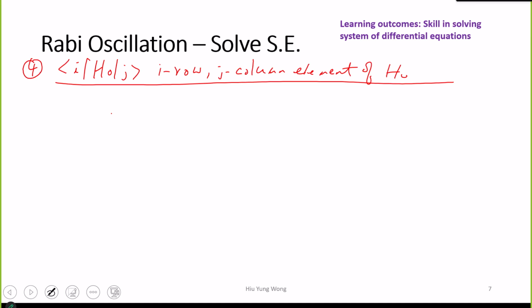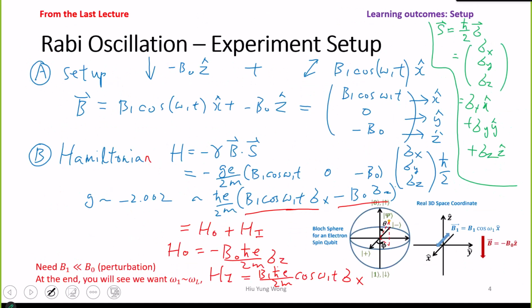So, what is 0H0 0? The point is that we need to find out what H is, right? And we found that already. What is H0? Negative B0 h bar e divided by 2m sigma z.